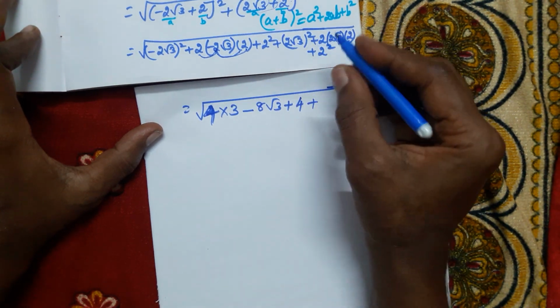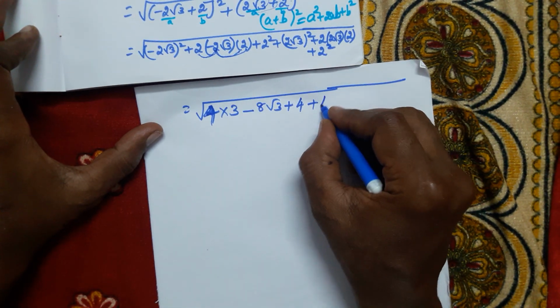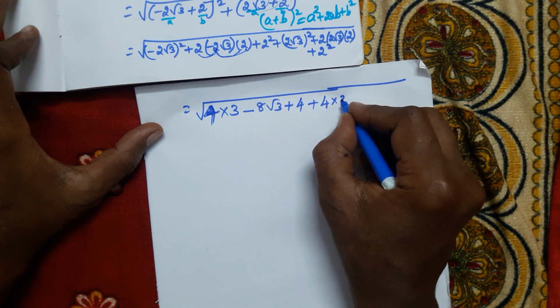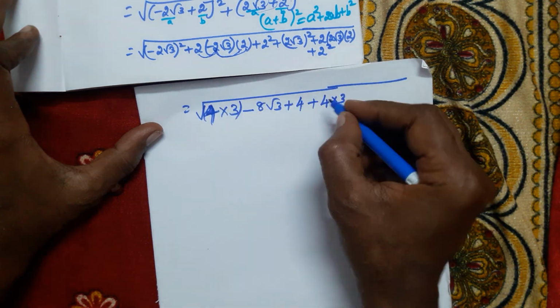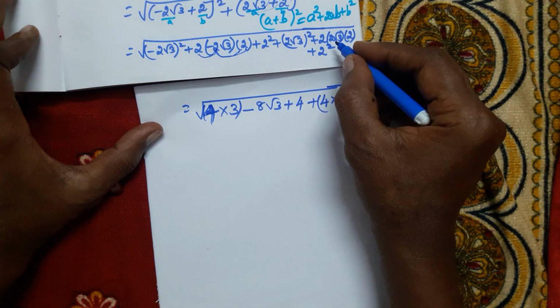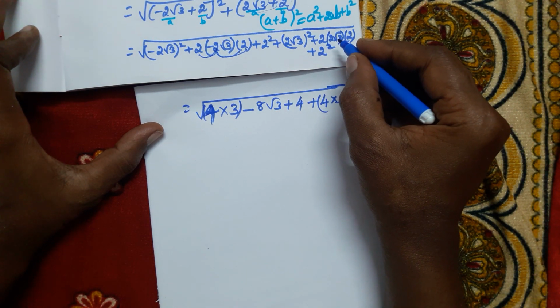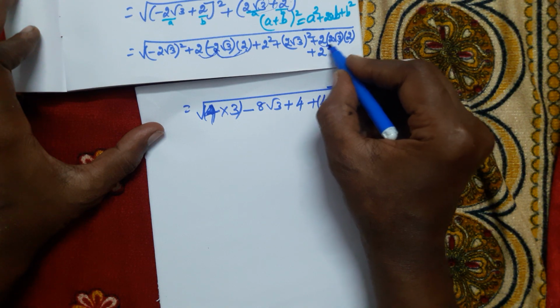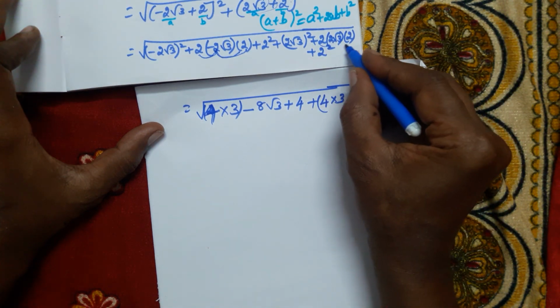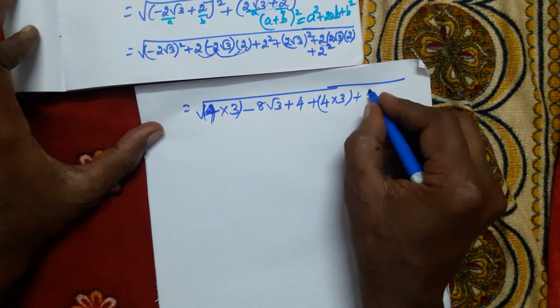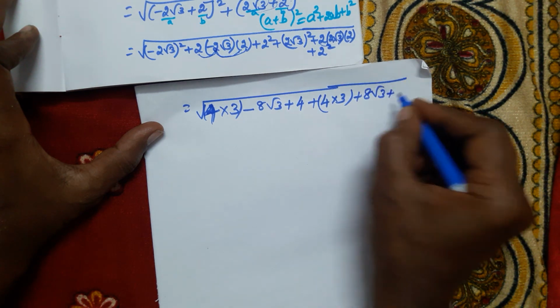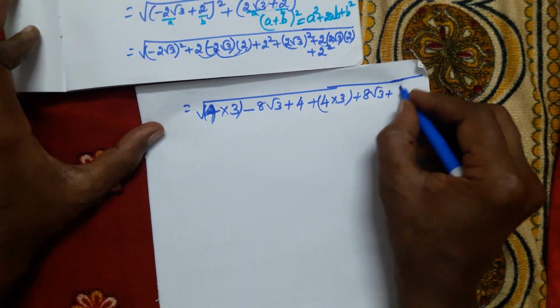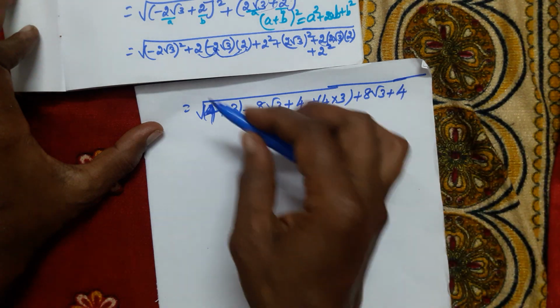Next, 2 root 3 the whole square means 2 square is 4 into 3. Next, 2 into 2 root 3 into 2, 2 2's are 4, 4 2's are 8, 8 root 3 plus 2 square is equal to 4. Okay.